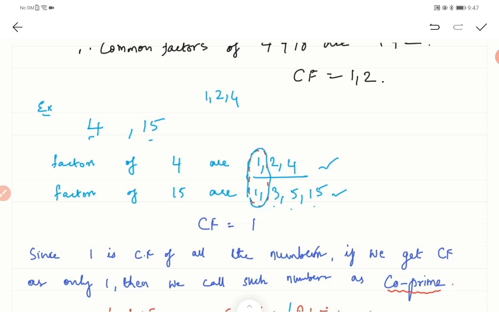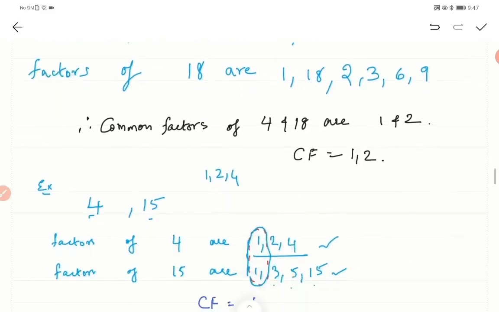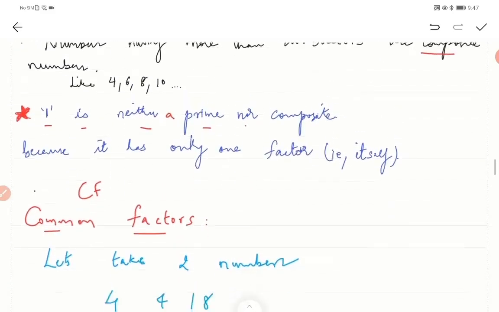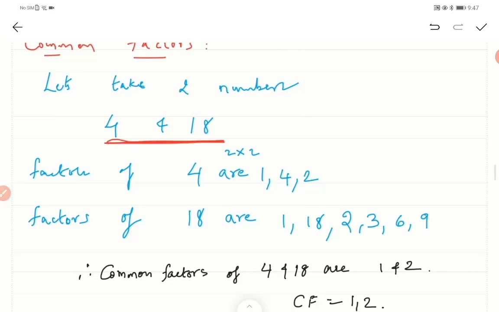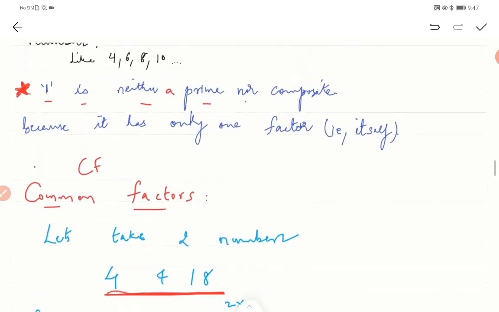So if the common factor is 1, this 1 is going to be a common factor of all numbers, right? In the previous example, we had 1 and 3, isn't it?